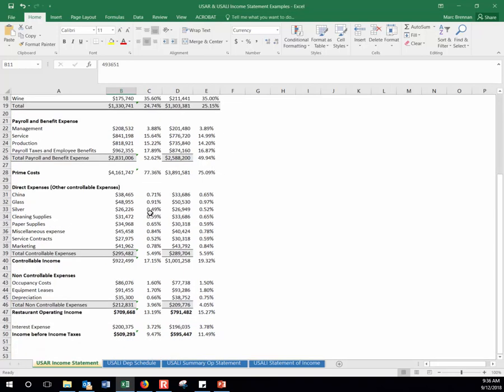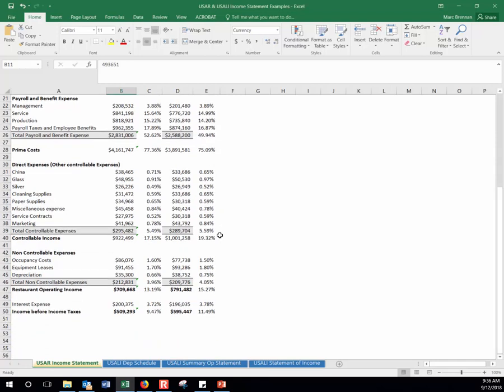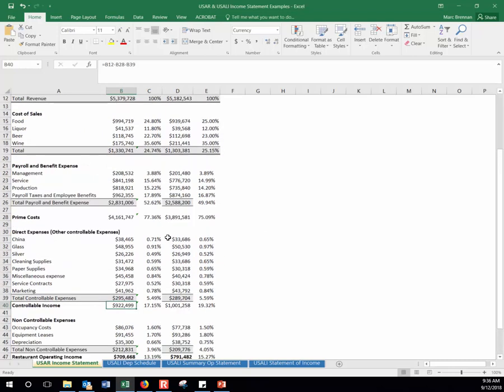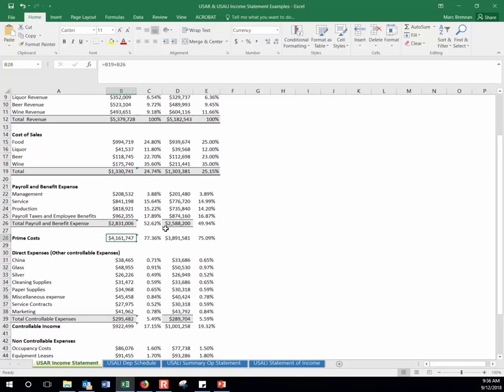So if we take a look down, we can start to compare from year to year what happened as far as the common size analysis. Our controllable income is actually lower in 2011. The reason why might be that our prime costs were higher.